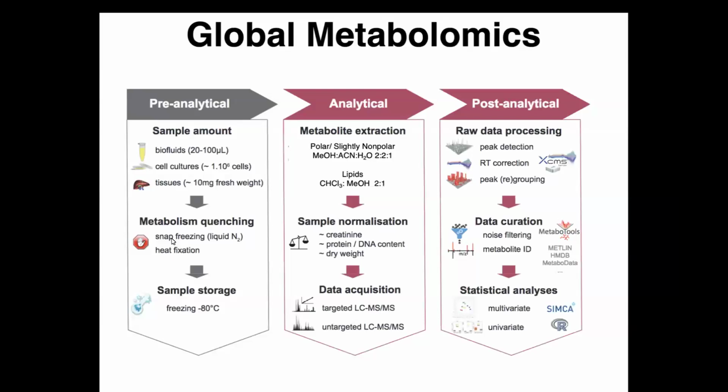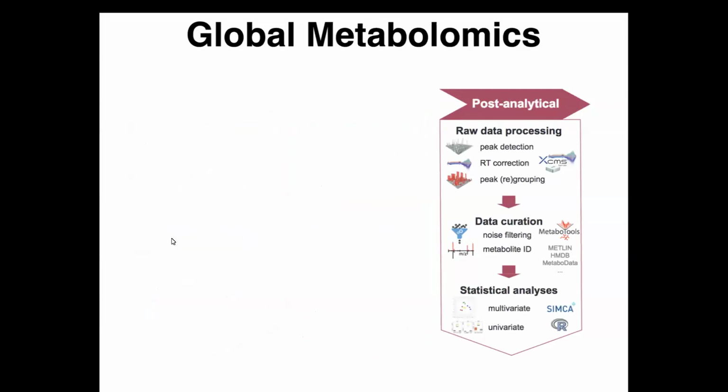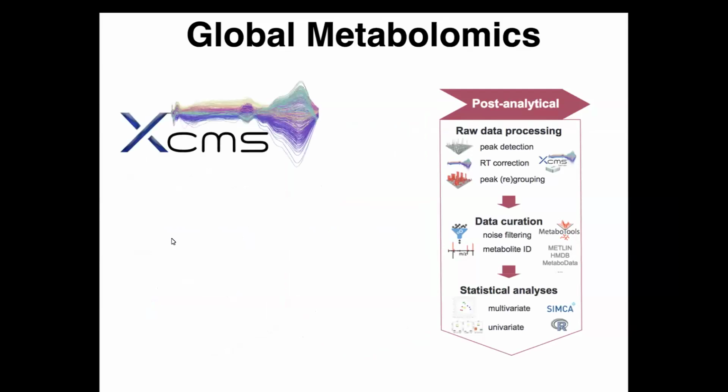So basically you have the pre-analytical approaches, which include the samples, the quenching of the metabolism, and the storage; the analytical approaches, which include extraction and the actual data analysis; and ultimately the post-analytical approaches, which we've focused on with respect to AMMS.